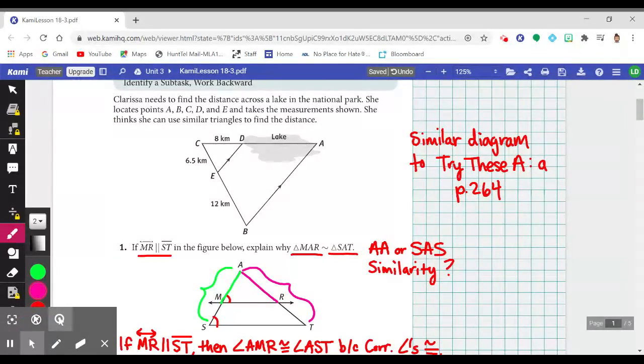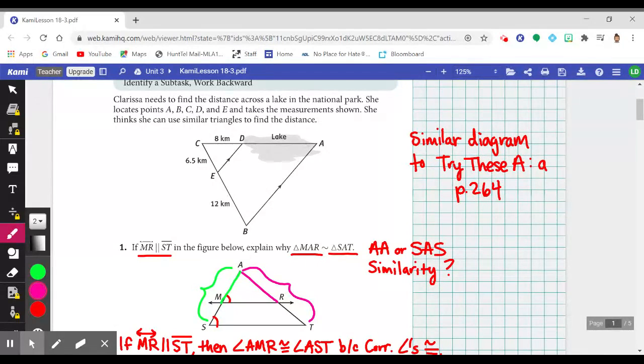Okay, hopefully you took a moment to actually explore items 1 through 4 before playing through the video. I do want to point out that this diagram, and the diagrams we're going to look at for the rest of this lesson, are very similar to the Try These A, Part A on page 264.